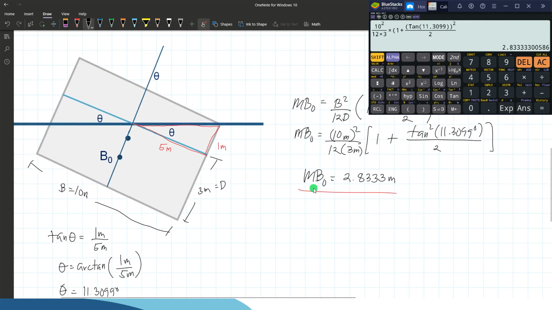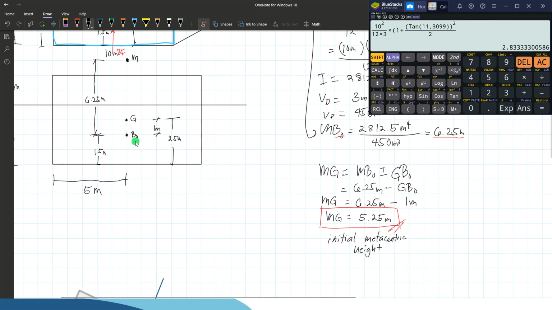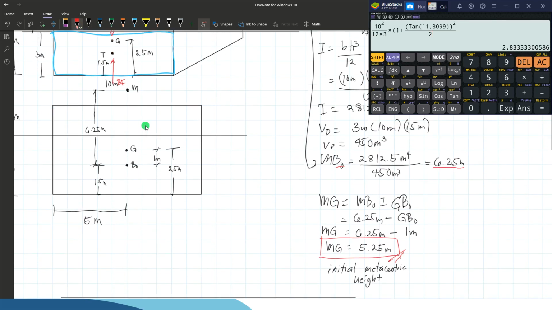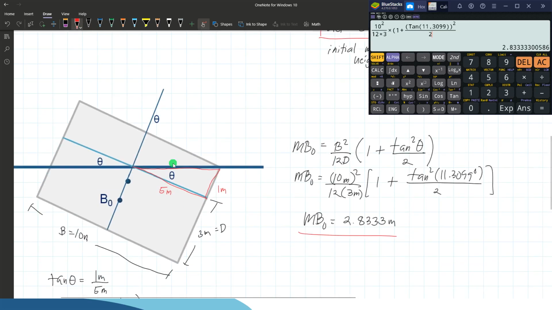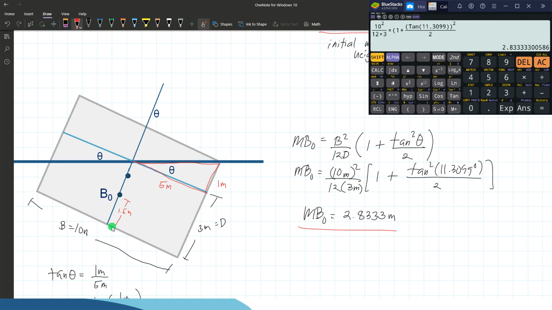So if the location of the center of buoyancy is measured 1.5 meters from the bottom, so this is 1.5, we measure 2.833 from the center of buoyancy to locate point M. So 2 point something, right here, that's your point M for the metacenter.